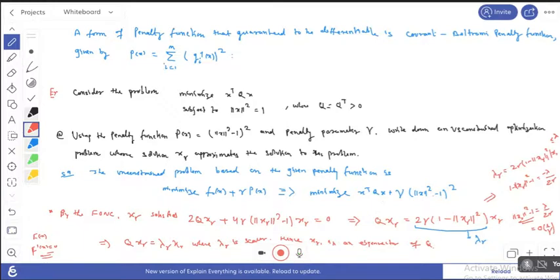Okay. So now the next method is the conjugate gradient algorithm.